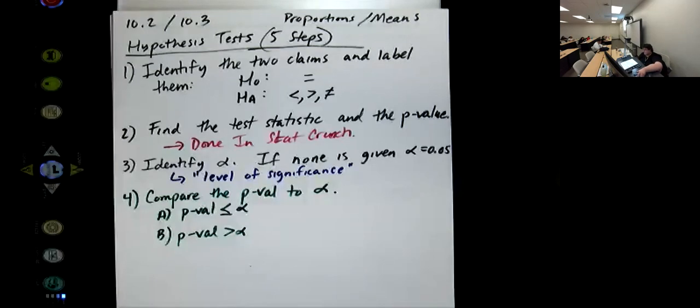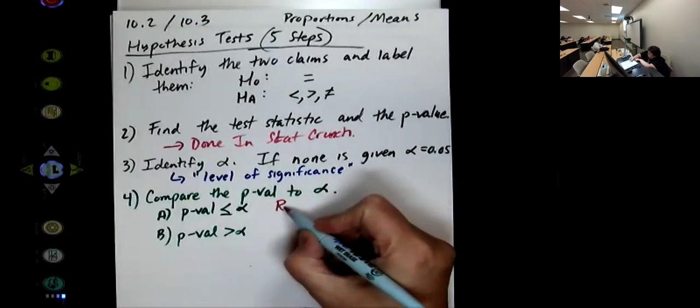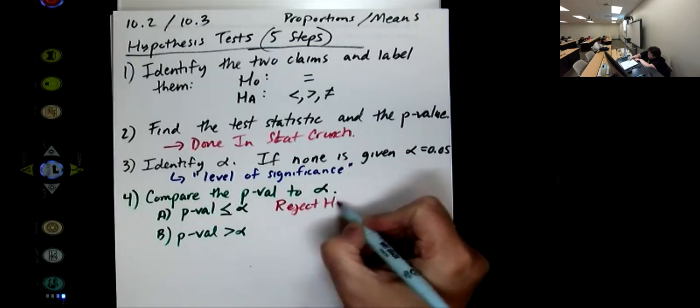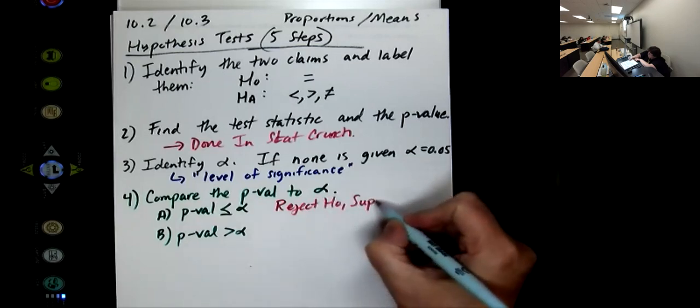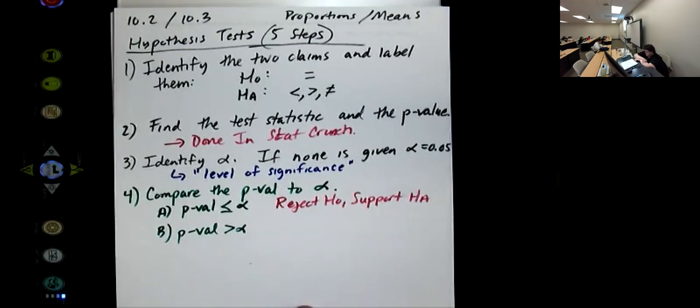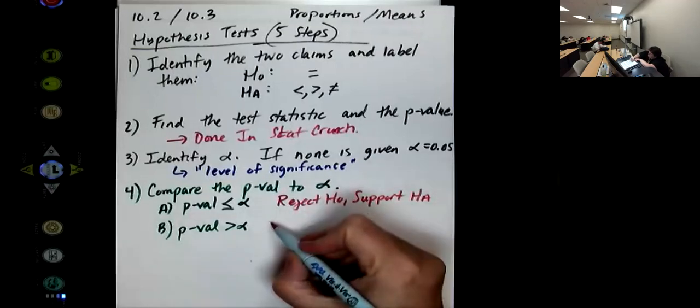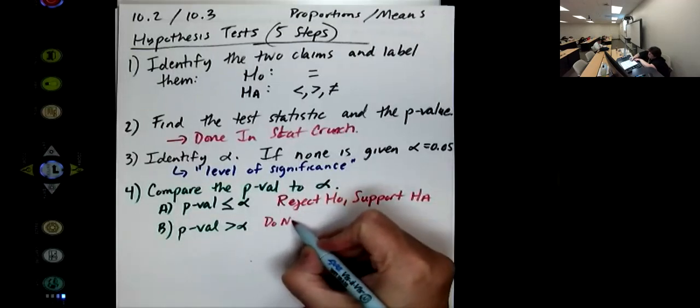Okay, there are two outcomes. Both of them are making a decision whether or not to reject H naught. If the p-value is below alpha, we are going to reject H naught and support HA. If the p-value is greater than alpha, we do not reject H naught.